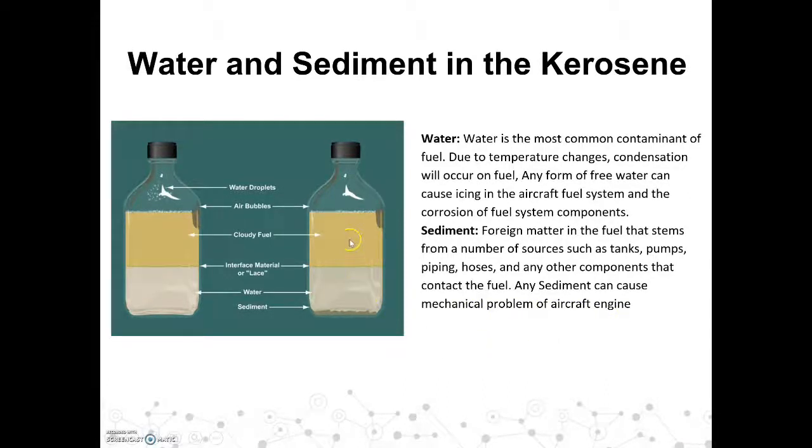In the picture you can see that the water and sediment are on the bottom and kerosene is in the middle. That's because of specific gravity, because kerosene is lighter than water and sediment. So when you use the kerosene, you use the fuel on the top.